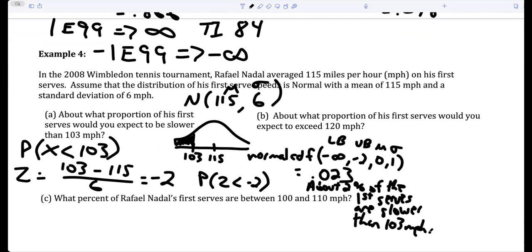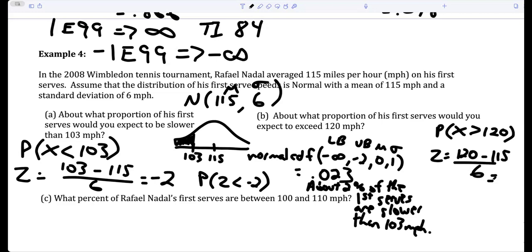And so last one here, B says, about what proportion of his first serves would you expect to exceed 120 miles per hour? So we want the probability that X is greater than 120 this time. Find the Z-score. So Z is 120 minus 115, divided by 6.